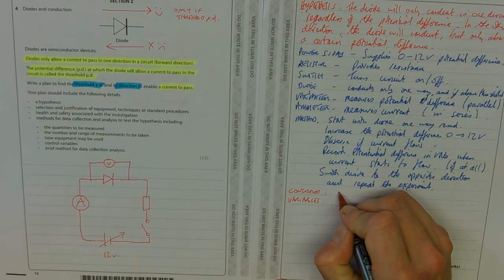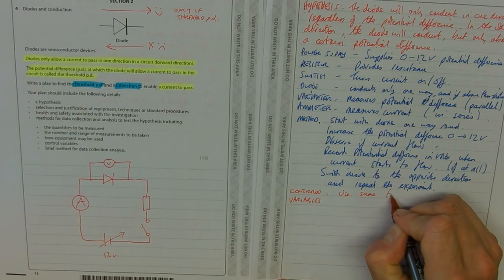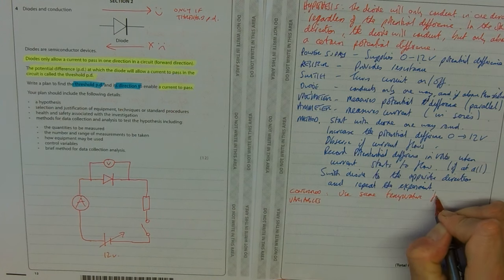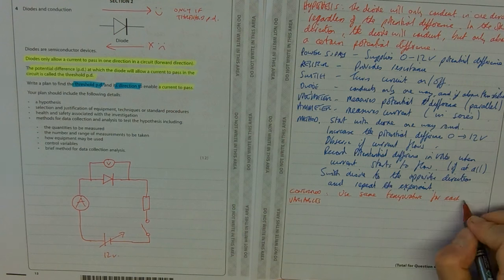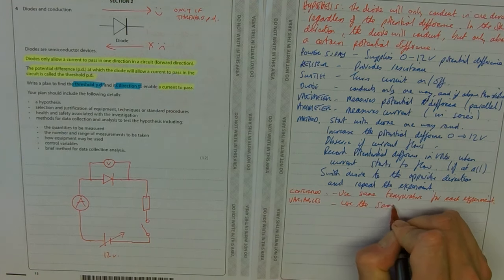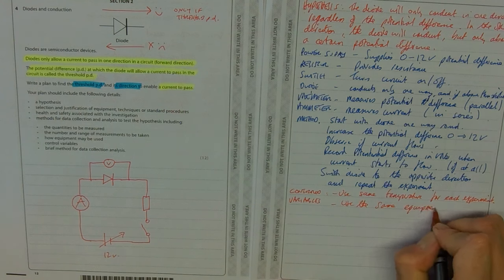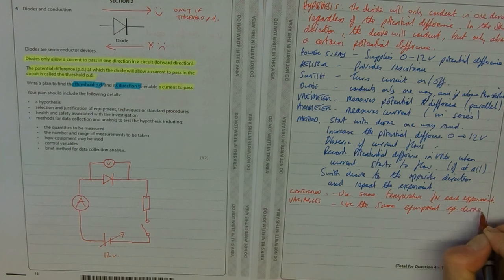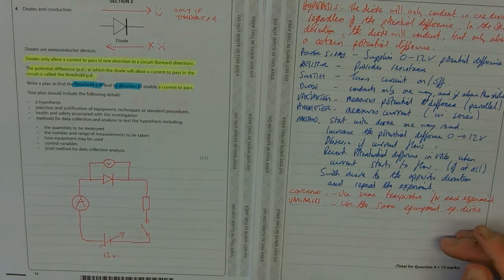So use the same temperature for each experiment. Use the same equipment, so for example use the same diode, just in case there are different types of diode available. Same wires, same power pack and so on, same lengths of wire. So there's a couple of control variables.